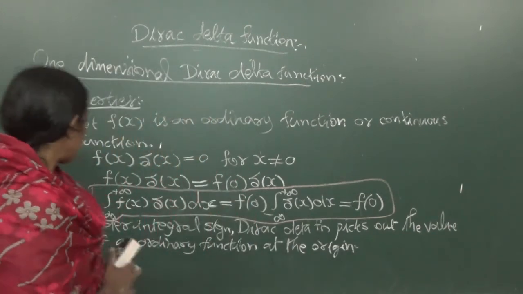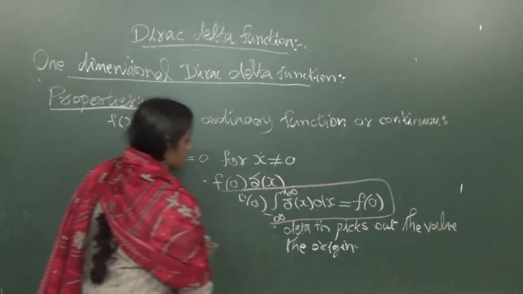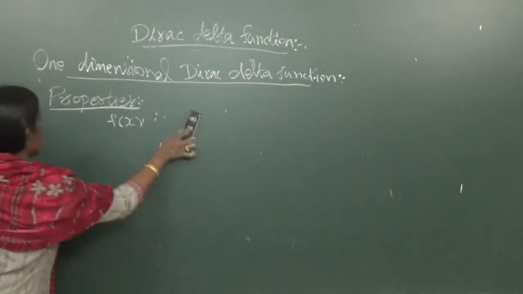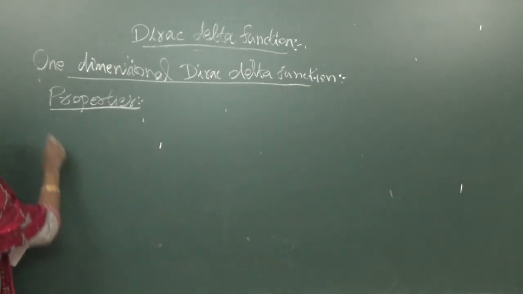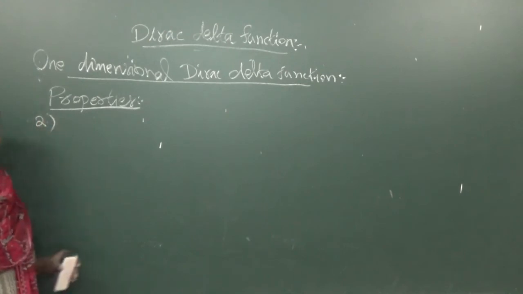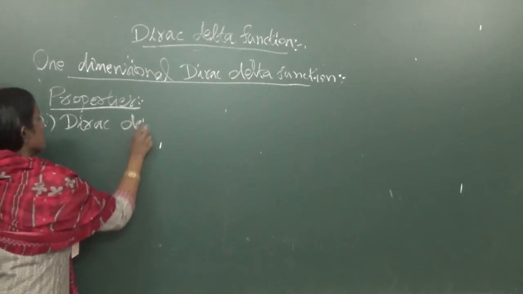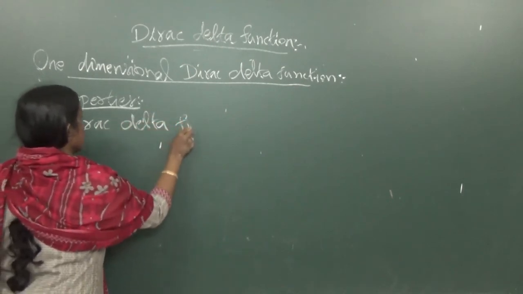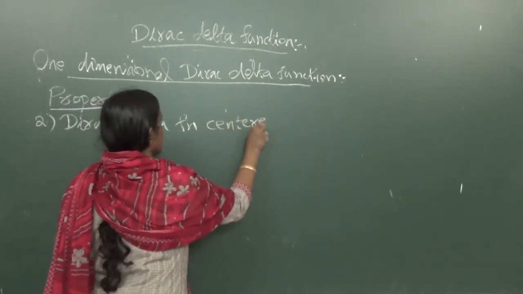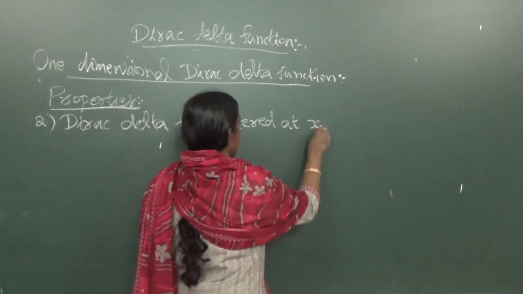The second property is related to that: the Dirac delta function centered at x equal to A.